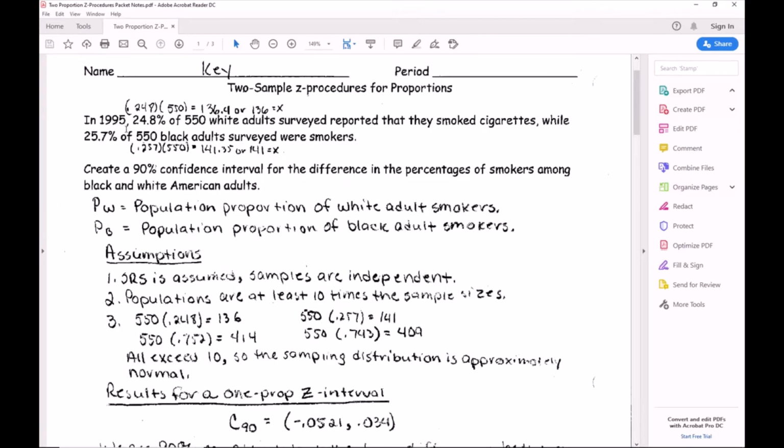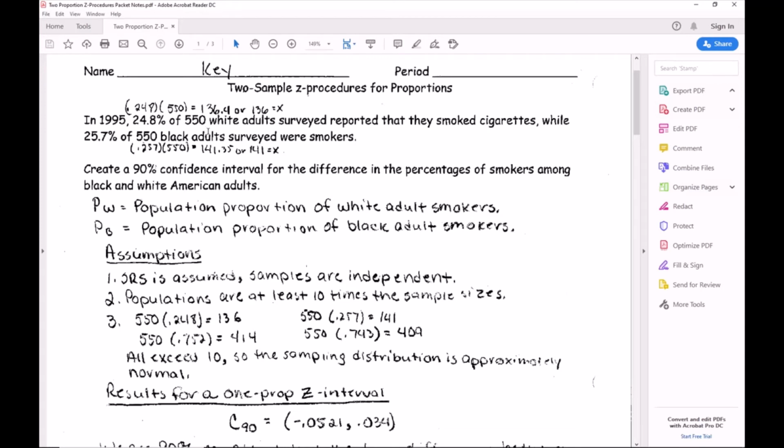So you have 24.8% of 550 white adults surveyed reported they smoked cigarettes, while 25.7% of 550 black adults surveyed were smokers. Okay, the reason I have writing up here is because I have p-hat, it's percentage, but we can make it into a proportion.